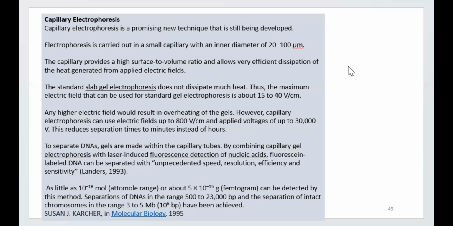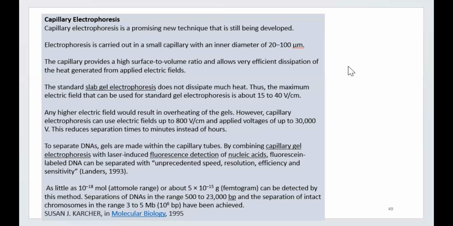In capillary electrophoresis, an electric field up to 800 volts per centimeter is applied, so an applied voltage up to 30,000 volts could be there. But if heat generation is allowed, then separation is going to be a challenge. Diffusion will be more, and denaturation of the molecules will be more. But capillary electrophoresis has this benefit, that dissipation is good.